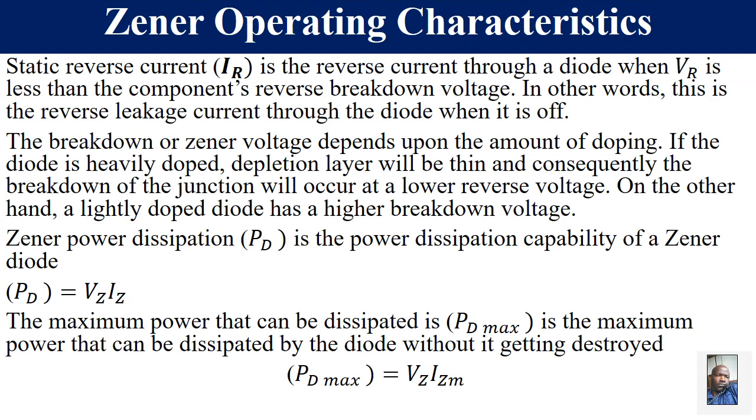Please don't confuse Zener current and reverse current. The static reverse current IR is the reverse current through a diode when the reverse voltage is less than the breakdown voltage.